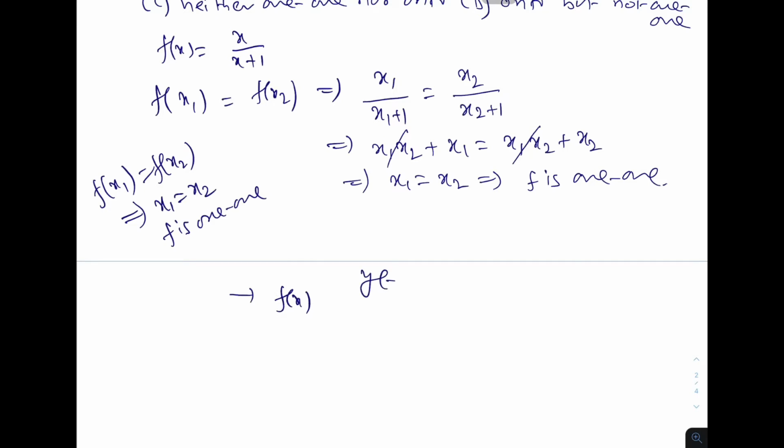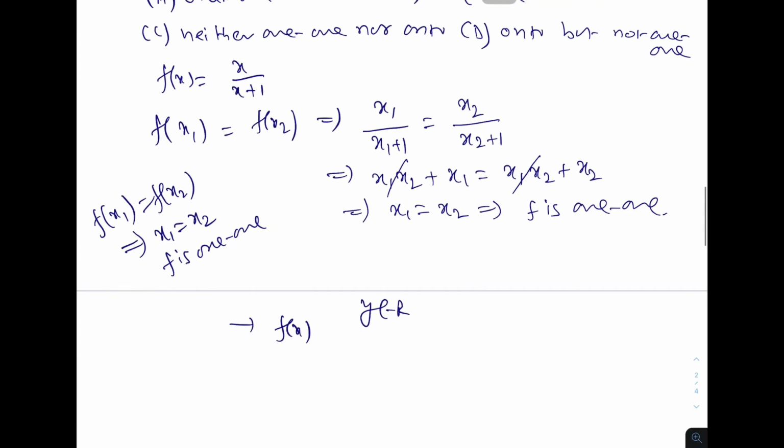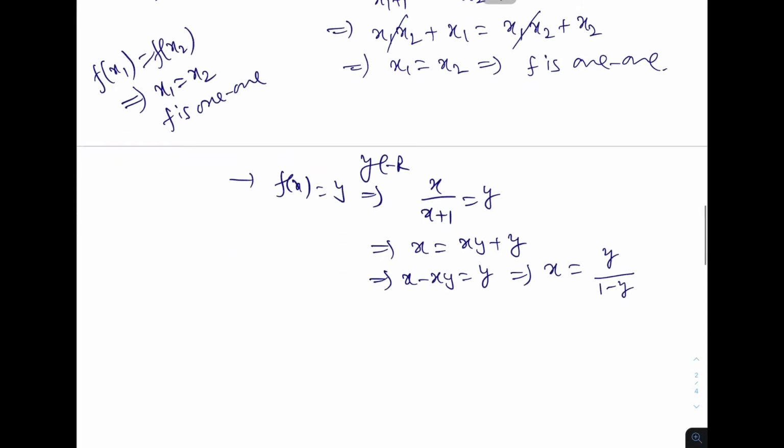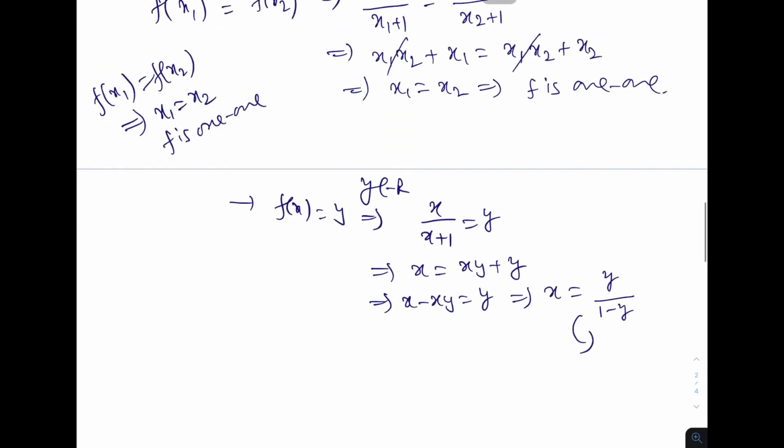For onto we take y in R. So f(x) is equal to y implies x over x plus 1 equal to y, and this would imply x equal to xy plus y, and this is x minus xy equal to y, or you can have x equal to y over 1 minus y. So from this we can easily see that the element 1 does not have a preimage.